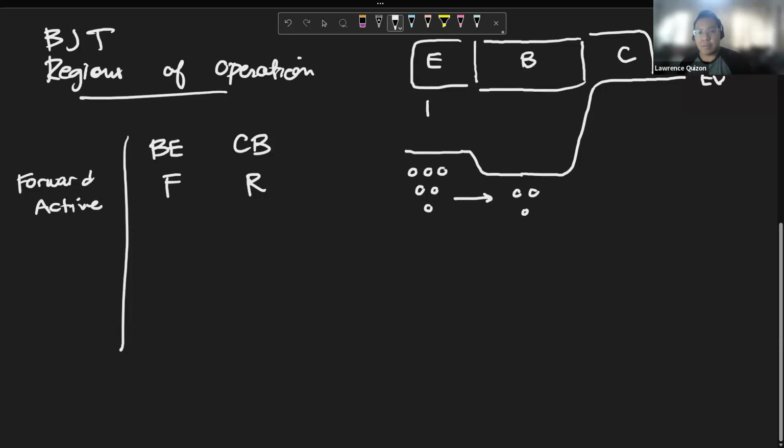And this is P plus, this is N, and this is P again, no? Bakit PNP? Kasi, well, because of the shape of the valence band, right?